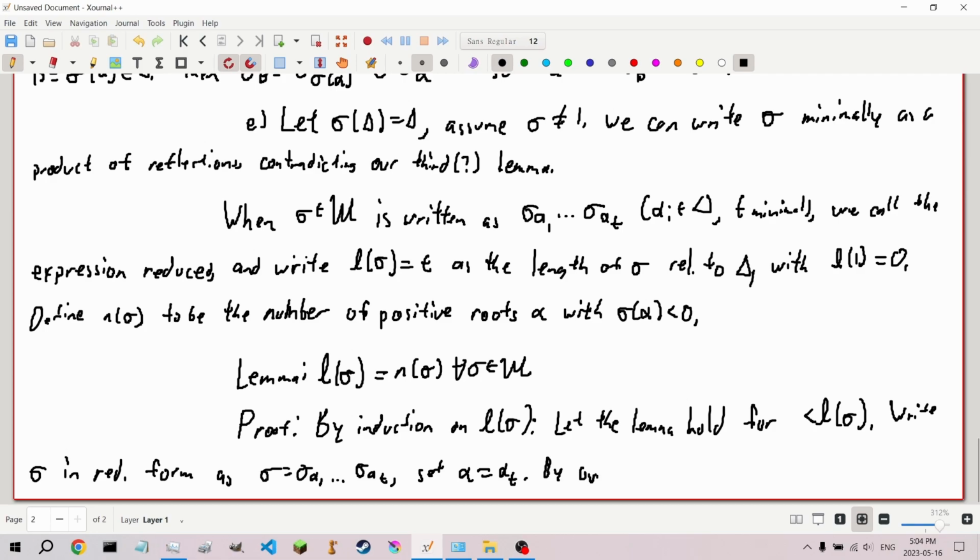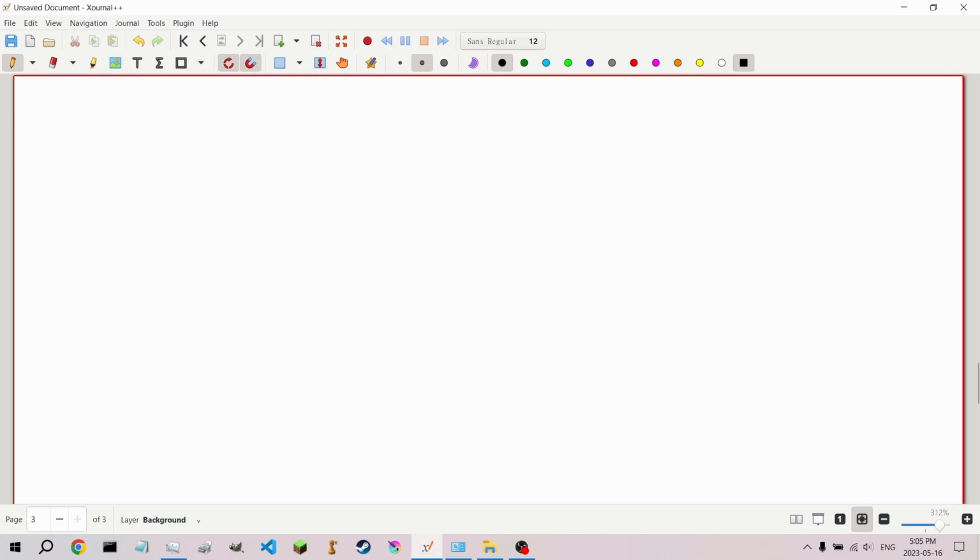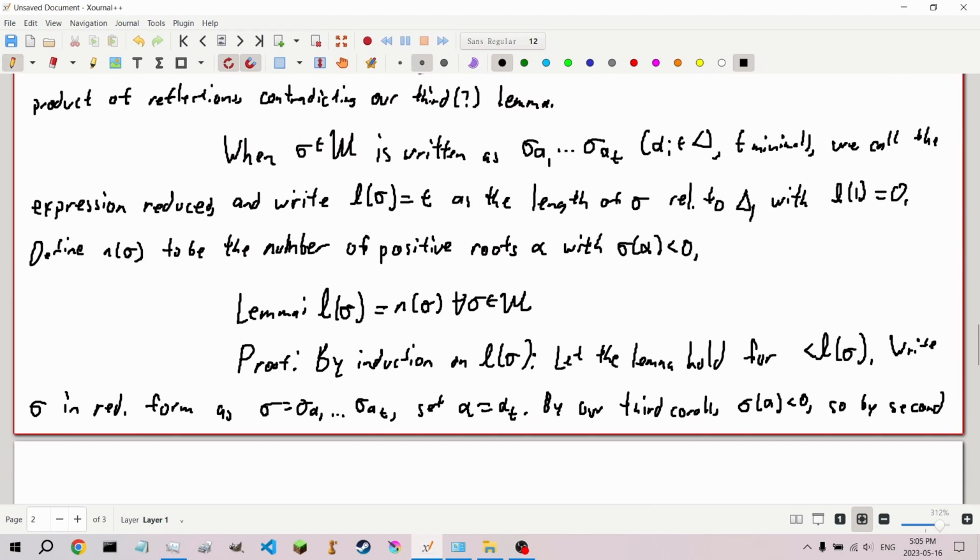By our third corollary, sigma of alpha is negative, so by the second lemma, n of sigma times sigma alpha is n of sigma minus 1.